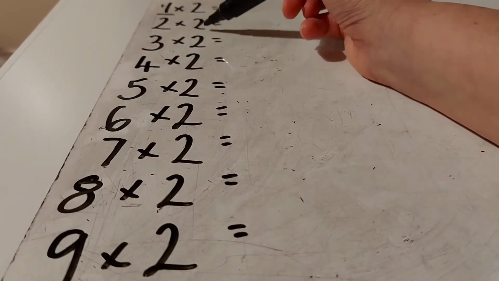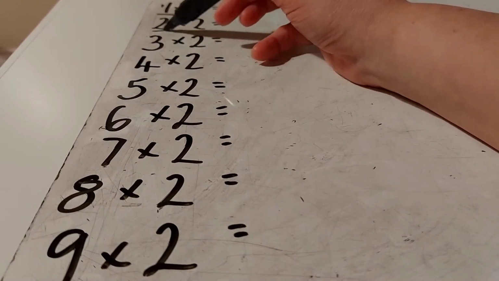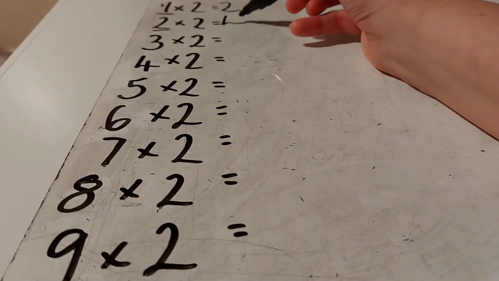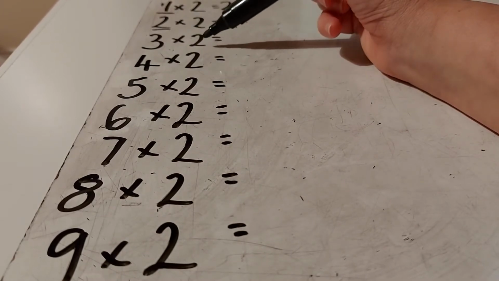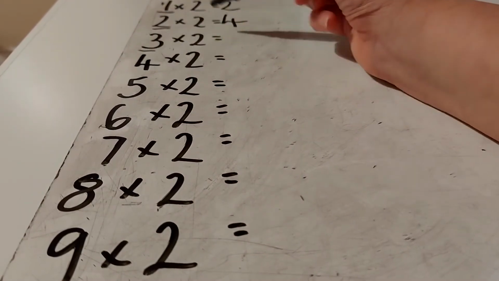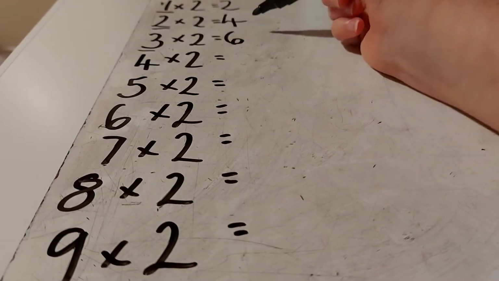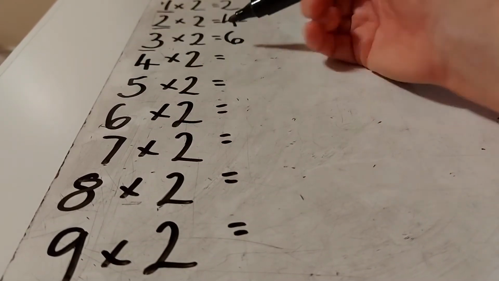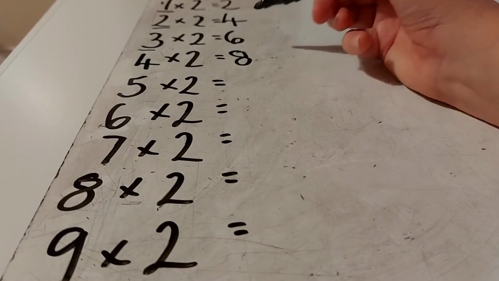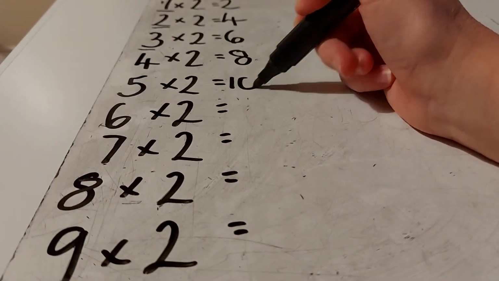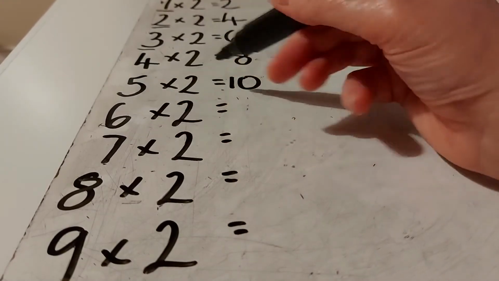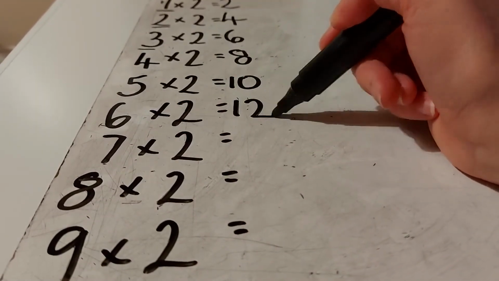2 lots of 2, again you double the 2, makes 4. So in order to work out what 3 lots of 2 are, I will double the 3, which makes 6. 4 times 2, 8. What's double 5? 10. What's double 6? 12.